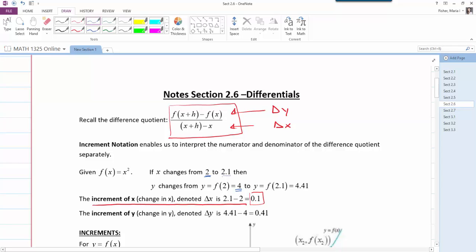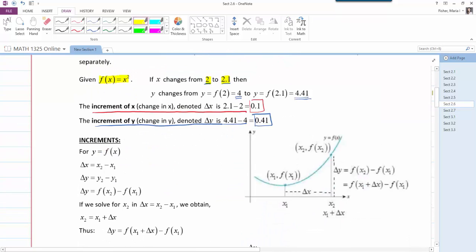And if x is 2.1, y is 4.41. So the increment of y, or the change in y, is going to be equal to 0.41 units. So my y changes 0.41 units, and my x changes 0.1 units, if I'm looking at f of x equals x squared from 2 to 2.1.